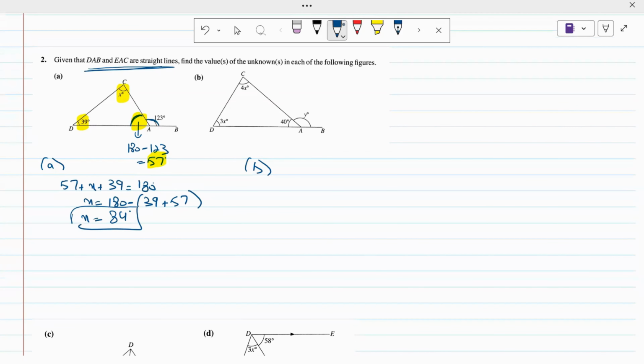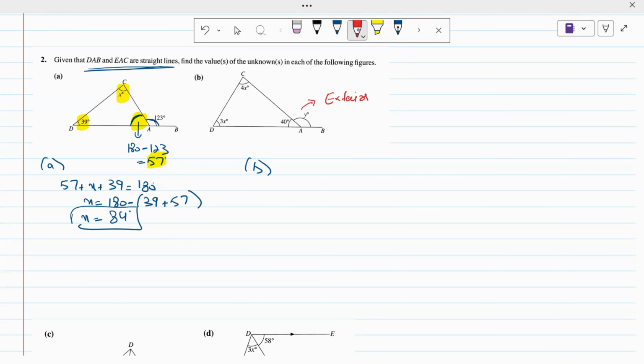Now, part B, we have two unknowns to be found, x and y. This second unknown y is outside the triangle. This angle, which is outside, is also called an exterior angle. Why exterior? Because this is lying outside the bounded figure.